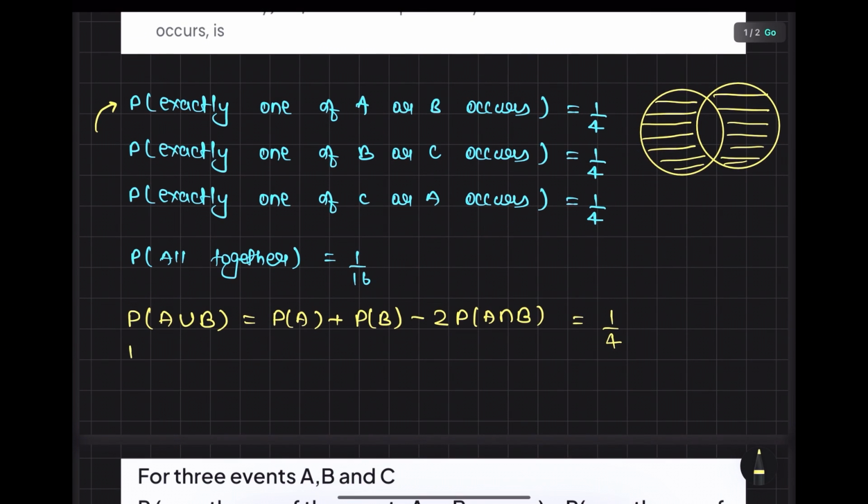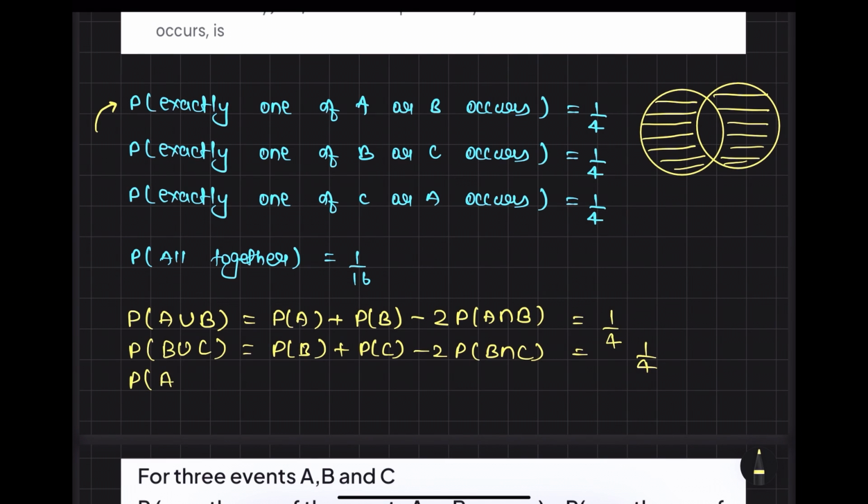Okay, again probability of B union C, probability B plus probability C minus 2 times probability B intersection C is again 1 by 4.